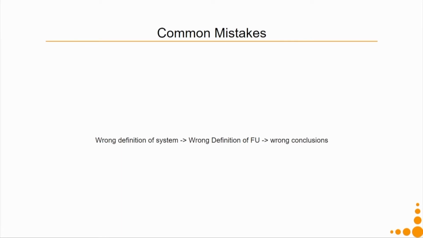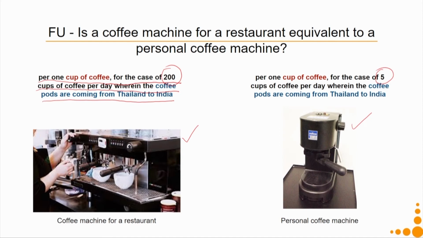So the common mistake that happens while considering a functional unit is that we usually make a wrong definition of the system. So in our previous case, if we did not define the system properly, machine A is for commercial use and hence has certain system conditions for using it, while machine 2 is for personal use and hence has a certain system in place for its use.